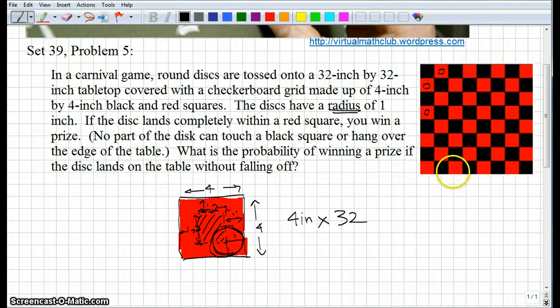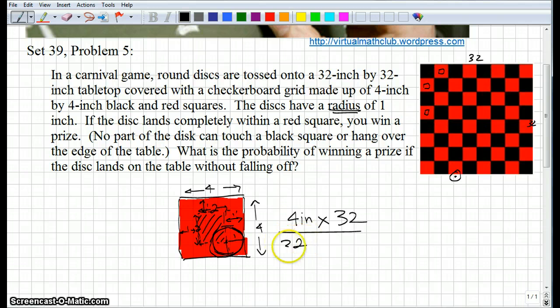If a disk lands like this, and the center of gravity is out here beyond the edge of the table, it's going to fall off, right? So the valid area where it can land and not fall off is just going to be 32 by 32. This is the total area where it could land and not fall off. And then we can just compare those two areas.